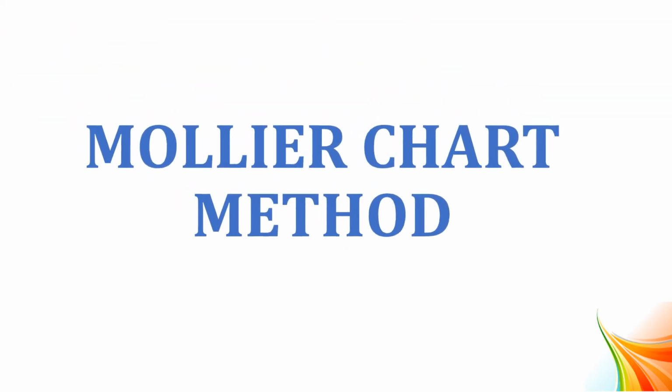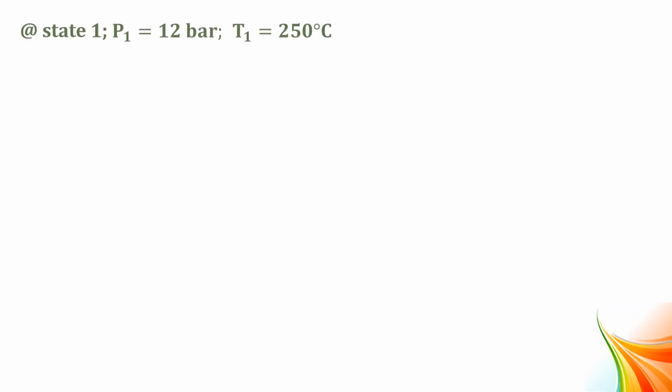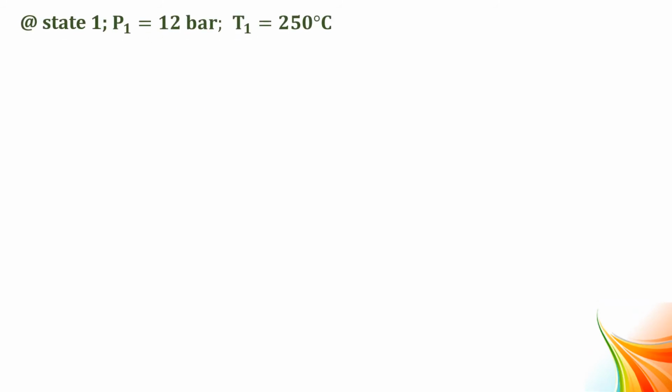Now we can solve this problem using Mollier chart. At state 1, the pressure P1 equal to 12 bar and temperature T1 equal to 250 degrees centigrade. So first we have to find out the quality of the steam, whether it is dry or wet or superheated.